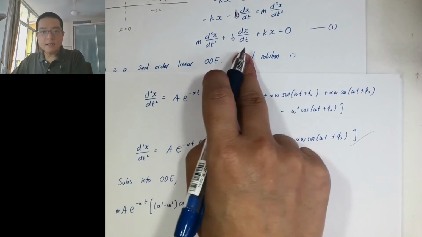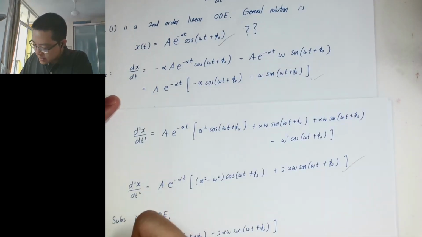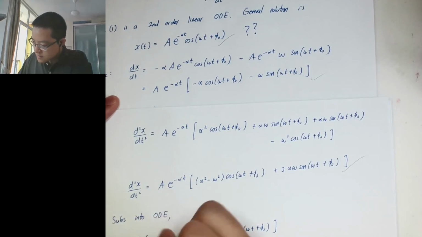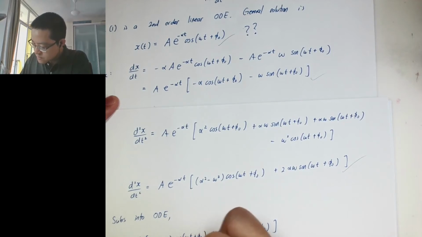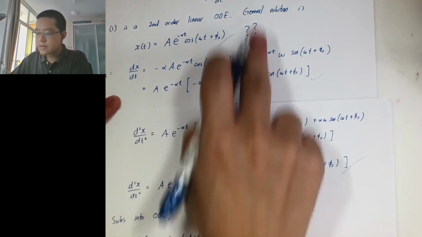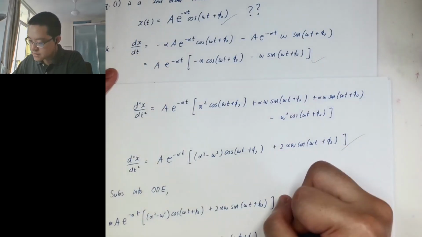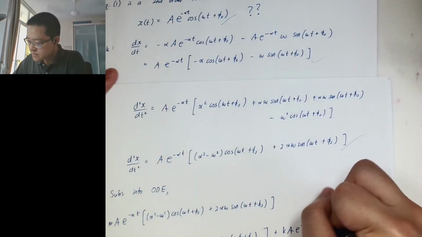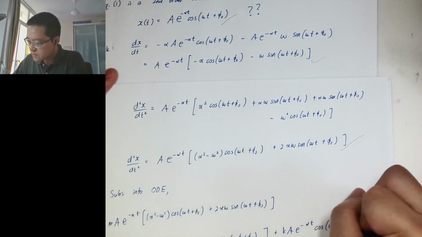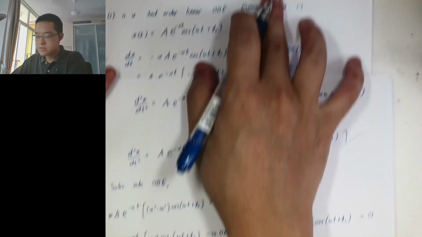The second term is b times the first derivative, so it's b A e to the negative alpha t times minus alpha cos(omega t plus phi 0) minus omega sine(omega t plus phi 0). And then the last term is kx, so plus k A e to the negative alpha t cos(omega t plus phi 0), and the whole thing is expected to equal 0.